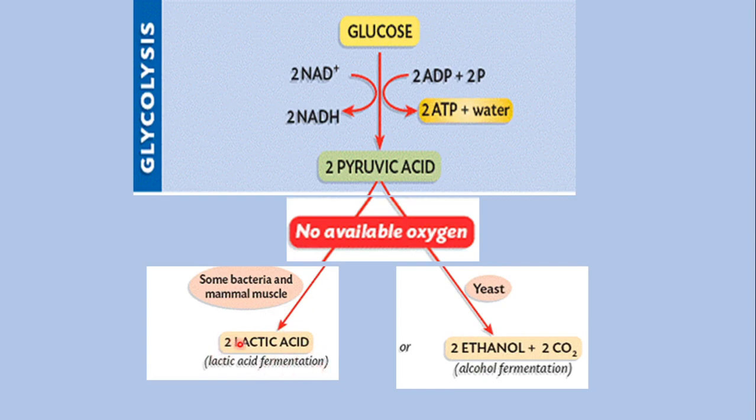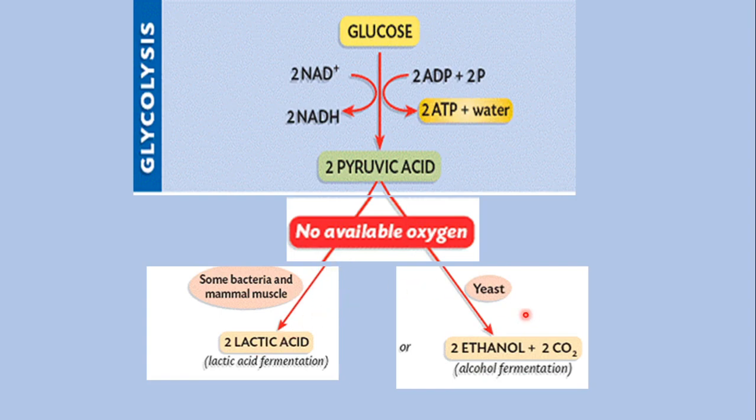There will be a yield of energy, so that organ will get energy, but there is no proper respiration taking place. It goes for lactic acid fermentation, which results in accumulation of lactic acid that may sometimes even create some problem in that organ. But whatever it be, in the absence of oxygen, lactic acid formation takes place.